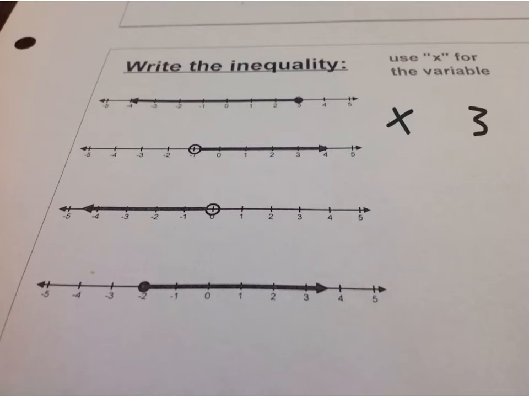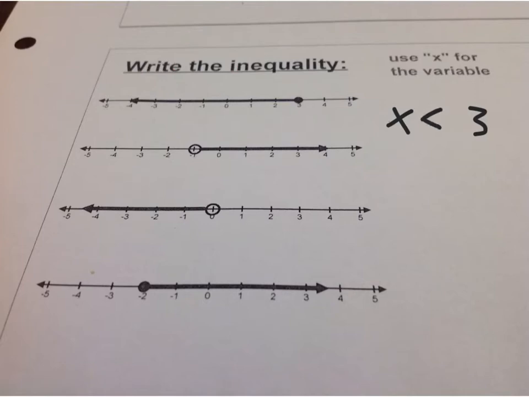Now we just have to decide: is x less than or equal to, or larger than or equal to 3? Well, in this case, all the numbers are getting smaller than 3, so that means x has to be smaller than 3. So we write smaller than, with the arrow pointing towards the x, that small point.